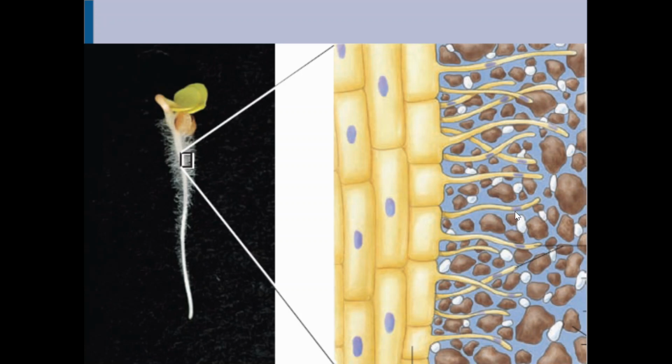Soil particles are coated with a thin layer of water in which the minerals are dissolved. So each root hair establishes contact with a soil particle, and that allows water to be absorbed, and the minerals will be absorbed too.